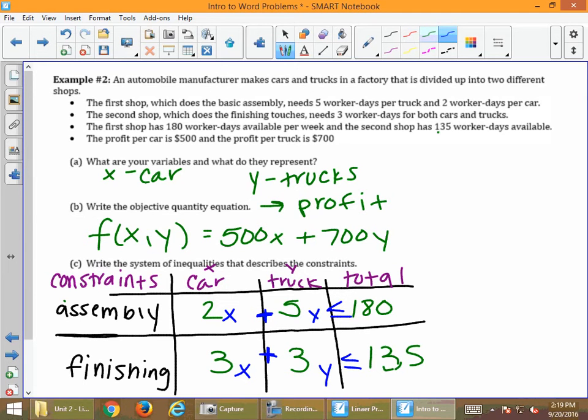Yes, like 90% of the time, it will be less than or equal to. We'll get into one where it happens to be greater than or equal to, and that means a minimum amount. Can't go under. Right now we're talking about maximum. And then again, make sure you write your equations out of the box so I can see them nice and clearly. Sometimes it's hard to tell with pencil. And you're going to have to write them out eventually when we solve these.